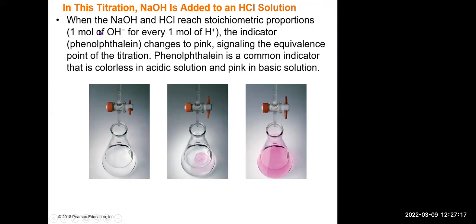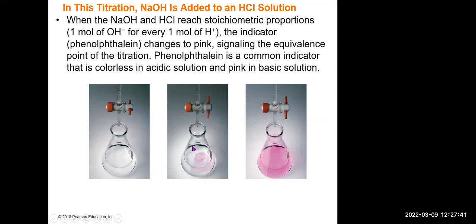So here, when the NaOH and HCl reach equivalent proportions, one OH- for every one H+, the indicator here is phenolphthalein, which is colorless in acid and becomes pink when the pH is higher than 8.